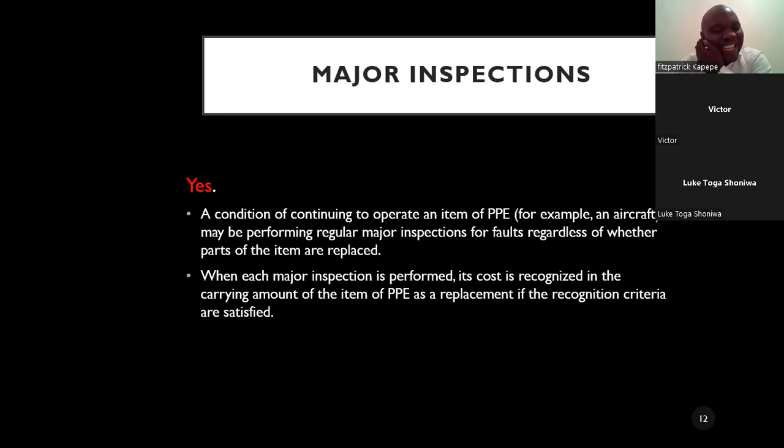When each major inspection is performed, its cost is recognized in the carrying amount of the item of property, plant and equipment as a replacement if the recognition criteria are satisfied. So it doesn't necessarily mean that you need to replace a spare part or some major part for you to recognize. Even just major inspections, as long as the cost is substantial and it passes the criteria for recognition, you can capitalize it.